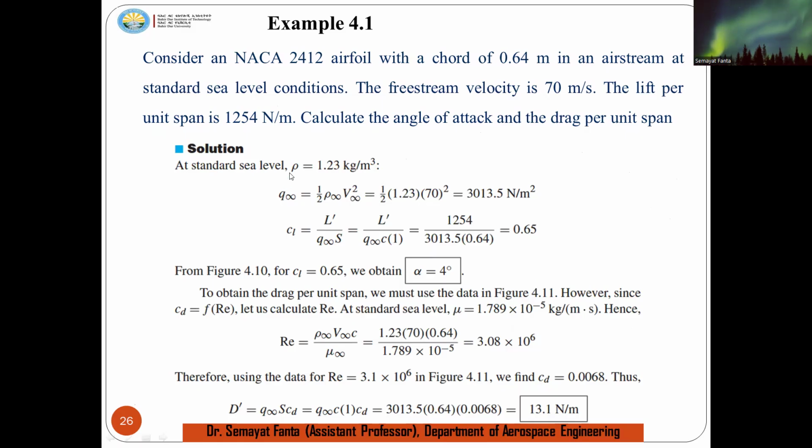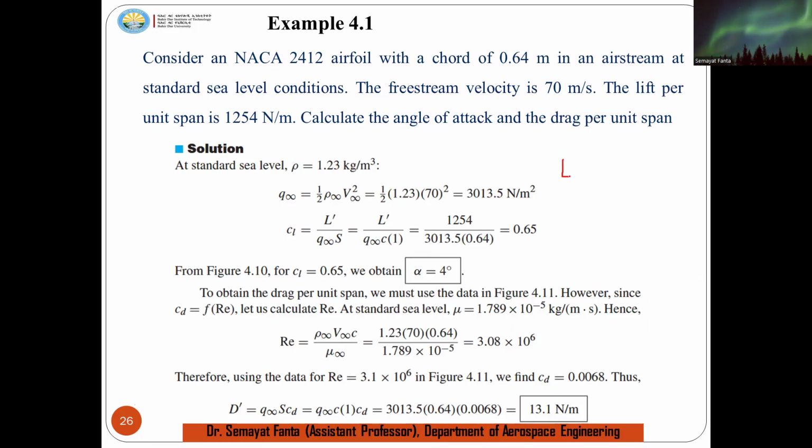So density is known for the standard sea level condition, 1.23. The dynamic pressure Q is equal to half rho V square, so that we can calculate. Then we can calculate CL, which is directly from this formula.